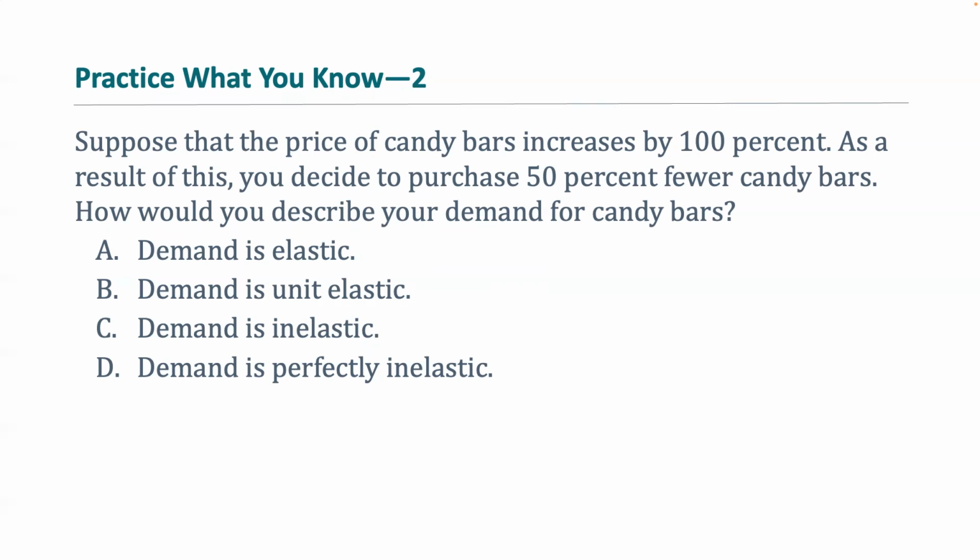In this particular example, you want to plug in for QD and our price. So you're going to have minus 50 for your QD numerator, and then plus 100 for your price. And whenever you do the math on your minus 50 divided by positive 100, you're going to end up with negative 0.5, meaning that your demand for these candy bars is not very elastic, or it is inelastic.